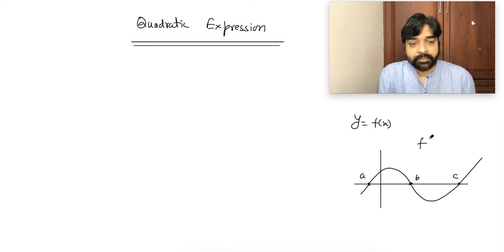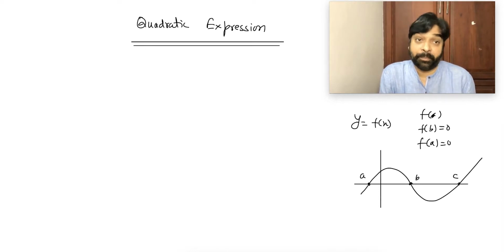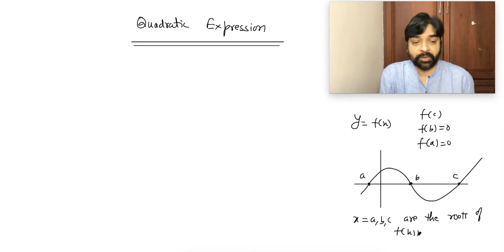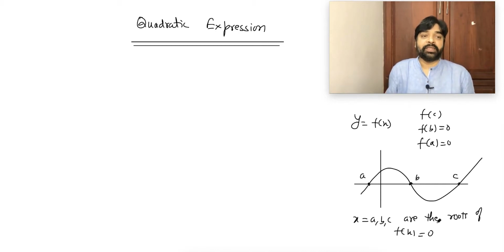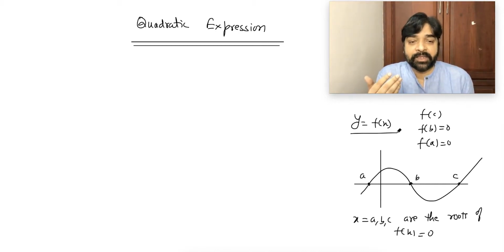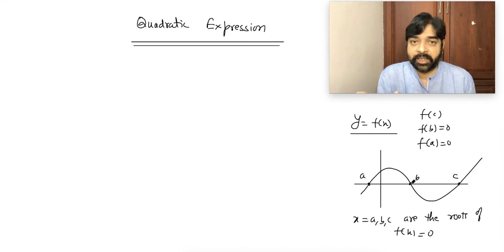That means f(a) will be 0, f(b) will be 0, and f(c) will be 0. Or a better way to say it, x equal to a, b, c are the roots of f(x) equal to 0. If I make an equation f(x) equal to 0, this equation will have 3 roots, x equal to a, b, c.